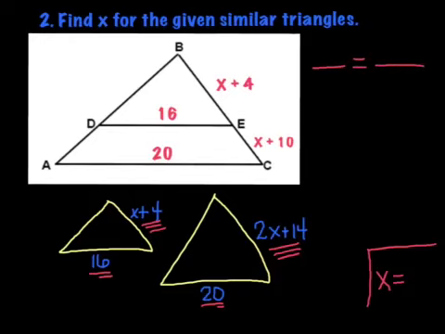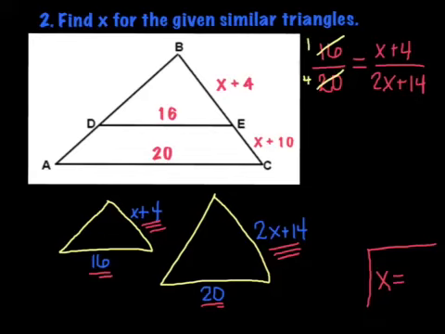So we know that 16 corresponds to 20, and x plus 4 corresponds to 2x plus 14. Okay, why don't we go ahead and reduce that 16 over 20 by dividing by 4. We're going to reduce it to 1/4. You don't have to reduce. I just don't want to work with those big numbers.